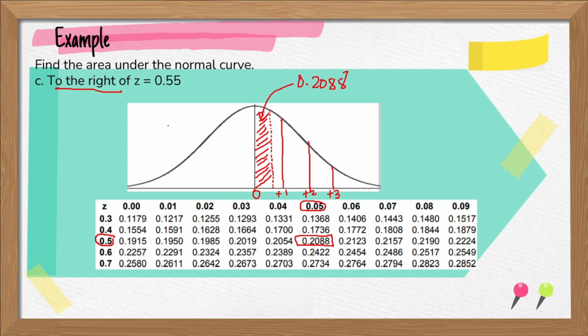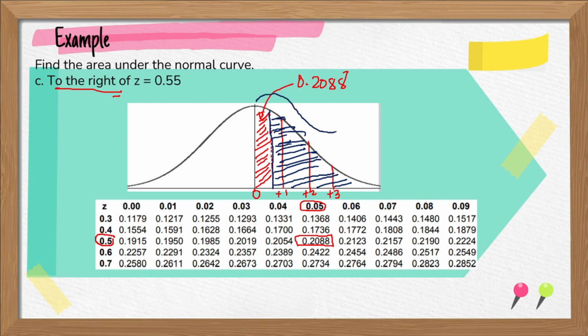So, ang area nitong shaded part ay 0.2088. But, ang question is to the right of z is equal to 0.55. So, ibig sabihin, hindi ito ang kinukuha na natin ng area. Ang kailangan natin kunin, itong nasa right. So, paano natin siya kukunin? So, since ito ay 0.2088, ma-minus na lang natin siya sa 0.5.